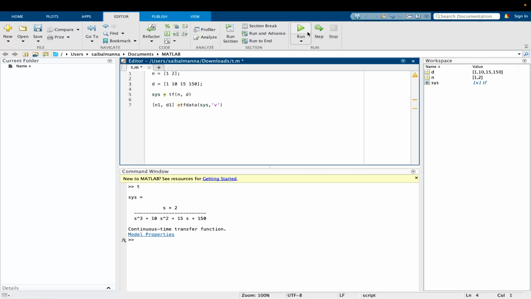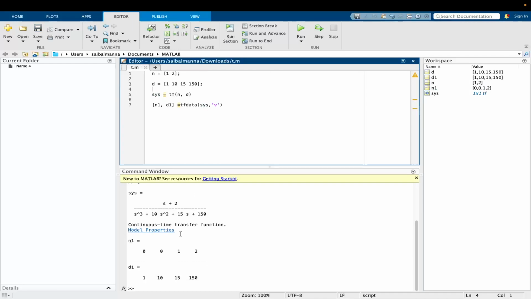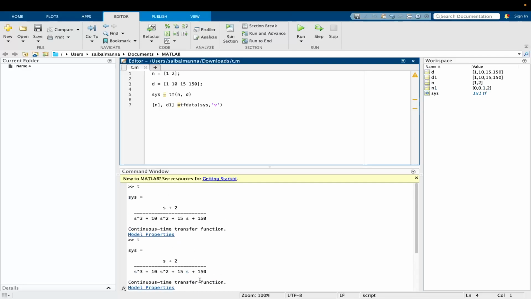Okay, now I am running the program. So here you can see the numerator coefficients are 0, 0, 1, 2, and the denominator coefficients are 1, 10, 15, 150. So initially we wrote the coefficients, then we got the transfer function, and then from the transfer function we can also get the coefficients by using this command, that is tfdata.